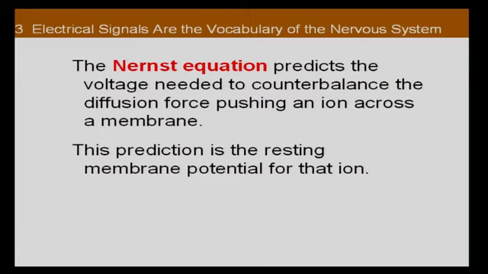So the Nernst equation is useful for calculating how much force you need to counterbalance the diffusion of an ion into the cell, and it helps you predict at what potential, negative or positive, that ion comes to equilibrium. So this prediction is the resting membrane potential for that ion. Just know that. The Nernst equation will predict that the resting membrane potential for potassium is negative 60.